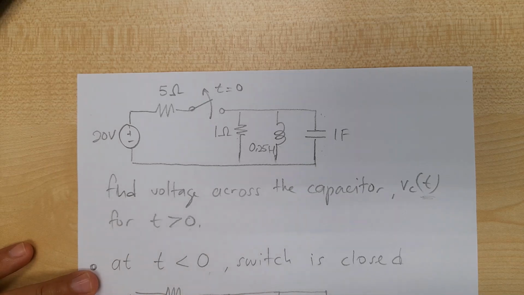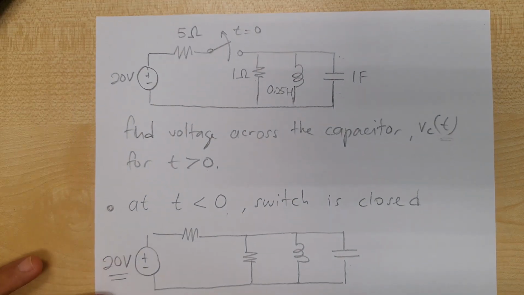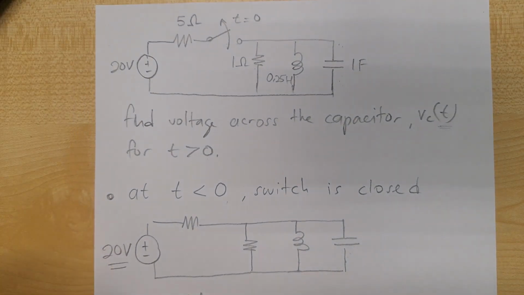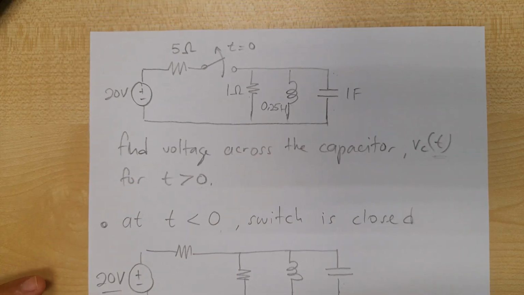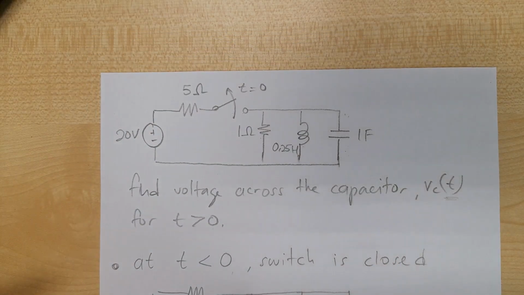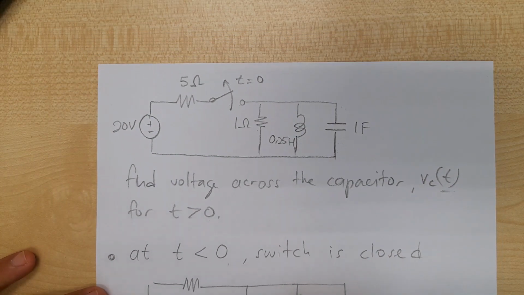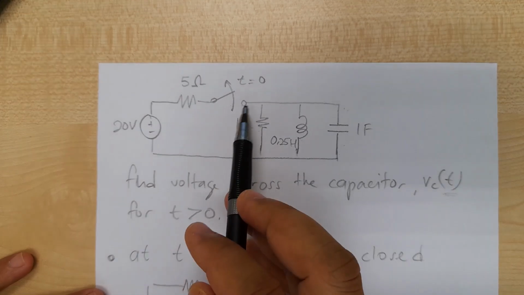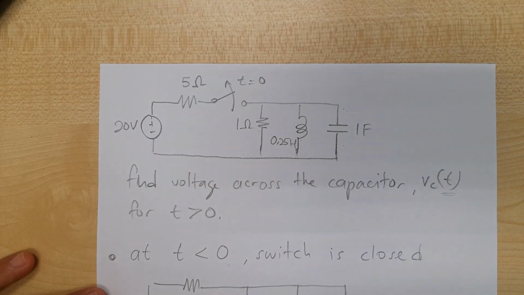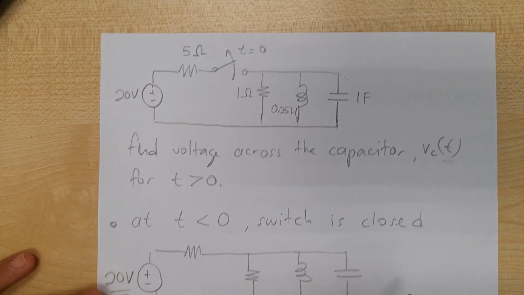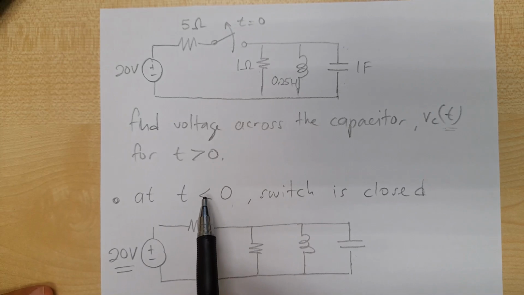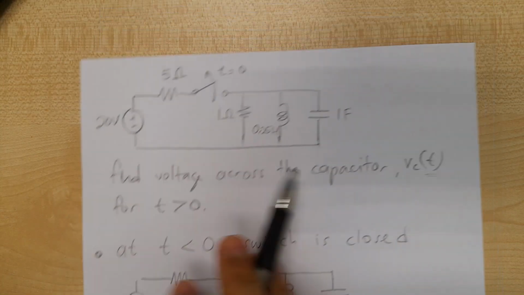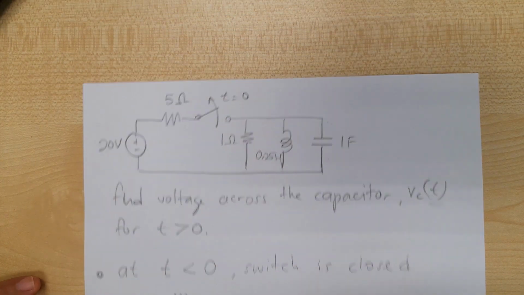Depends on the question. If the question tells us that you can assume the initial condition is 0, then there is no initial condition. But if there is an initial condition, then you have to take that into the calculation. But in this case, the initial condition is not given, so you will have to calculate the initial condition yourself, and that is when t is less than 0. That is the initial condition of the inductor and capacitor.